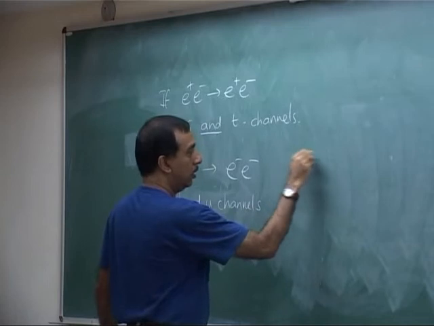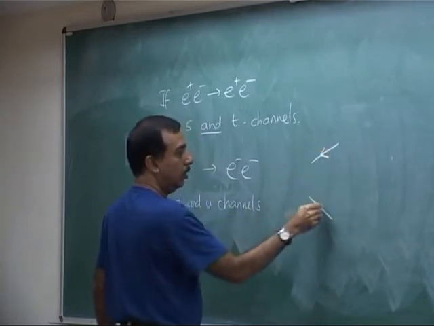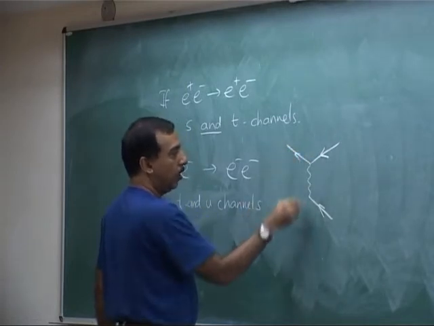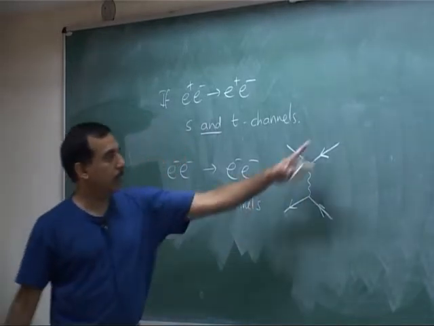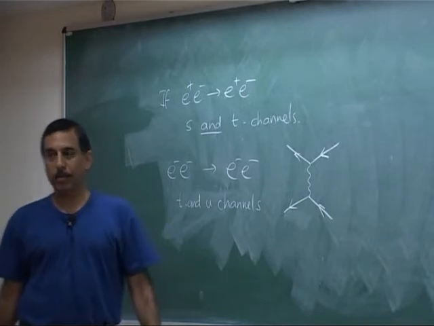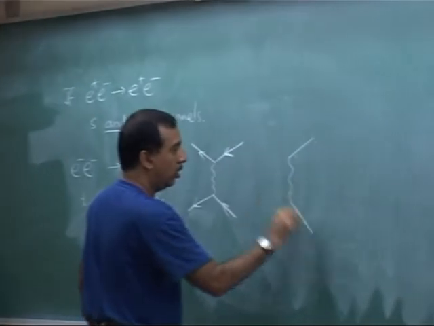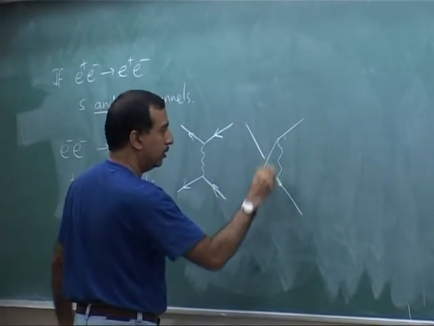So here the T channel is, these are the incoming arrows. This goes this way. You see the arrows are quite well satisfied. And everything is electron. All these 4 are electrons. No positrons. But I could also have that the outgoing state is like this.